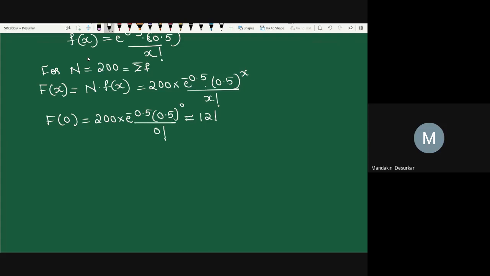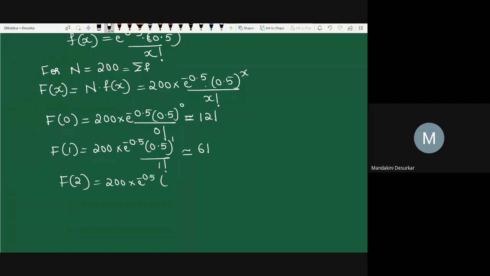Similarly, fix this in your calculator and start calculating for 0, 1, 2, 3, 4. Now, similarly, what is f of 1? 60.65. So approximately 61. F of 2, check for f of 2. It is 15.16.